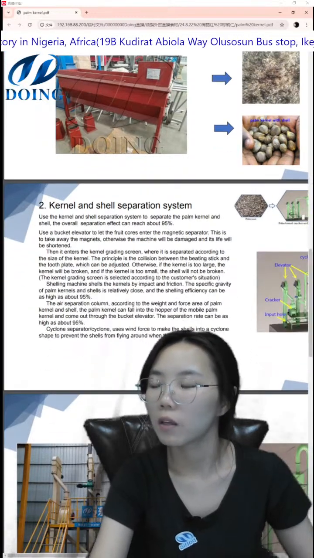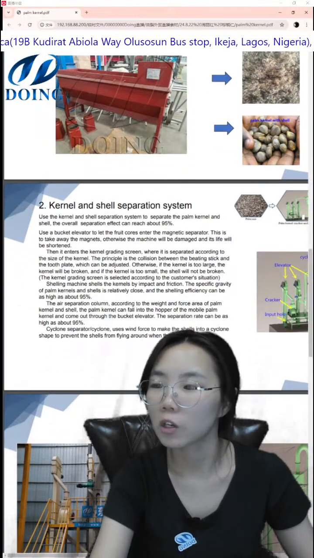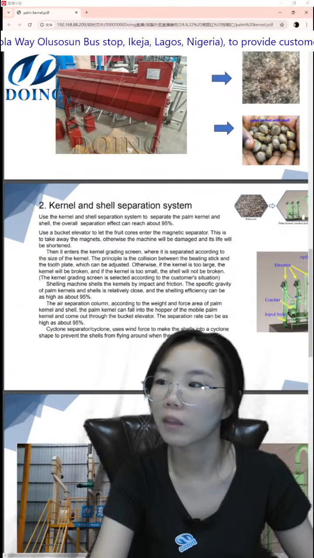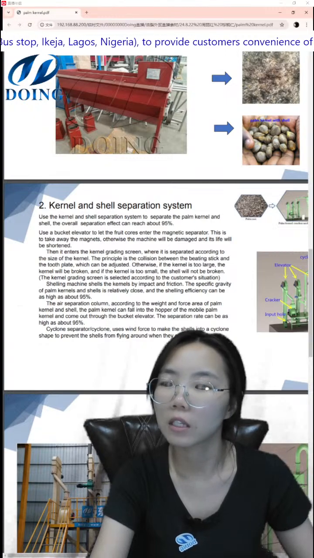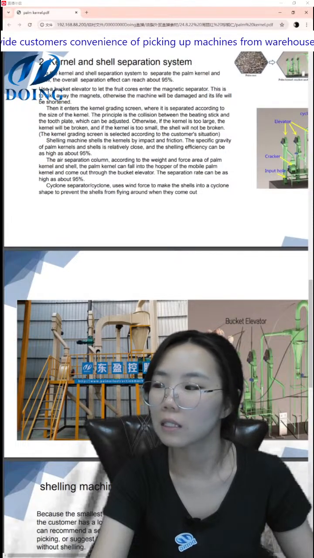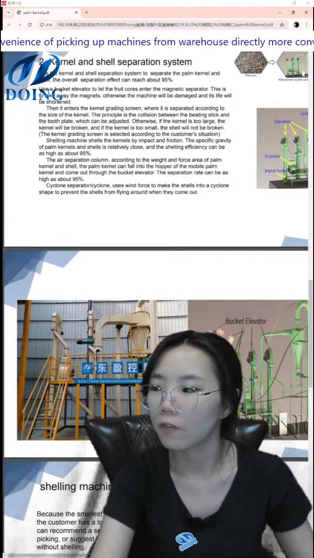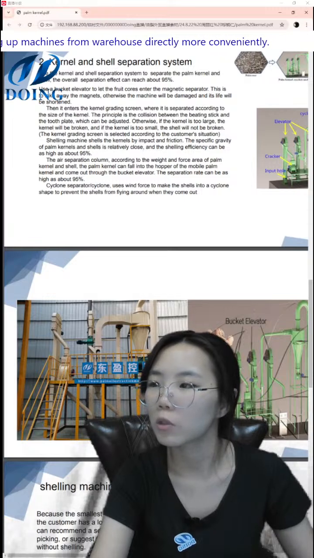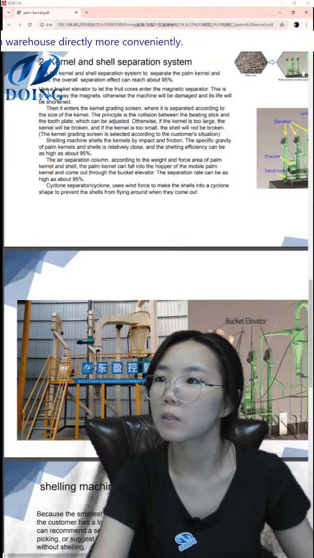Okay, the second part is the kernel and shell separation system. We can see this machine, and this is the machine in our factory, and this machine is the kernel and shell separation system.